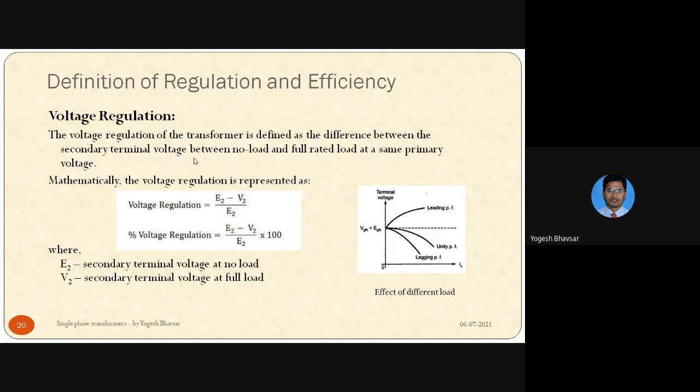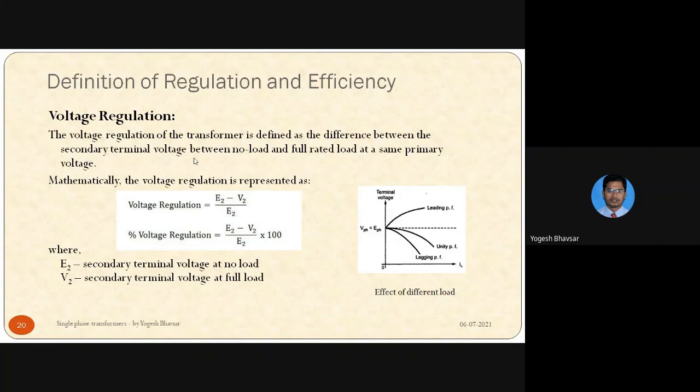For example, if you switch on the mixer, electric iron, electric geyser, some high rating loads, sometimes refrigerator, washing machines, we observe that the intensity of the bulb gets reduced. So this is the effect on the voltage due to the resistance present in the load.